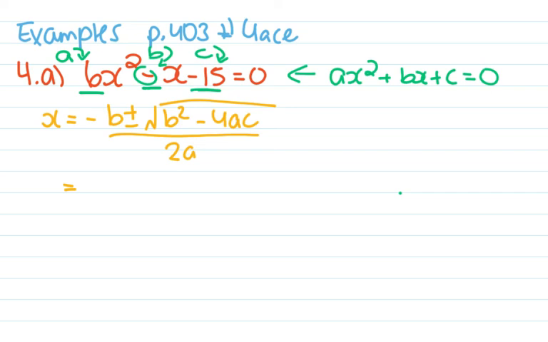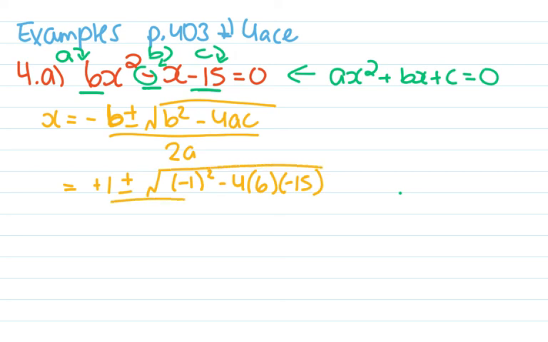So if b is negative 1, and I need to do negative b, then I'll do negative negative 1. So I have positive 1 plus or minus the square root of b, which is negative 1, squared, minus 4 times a, which is 6, times c, which is negative 15.